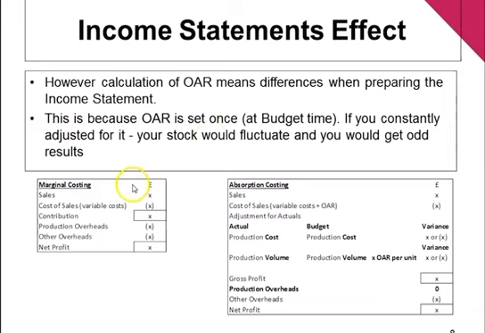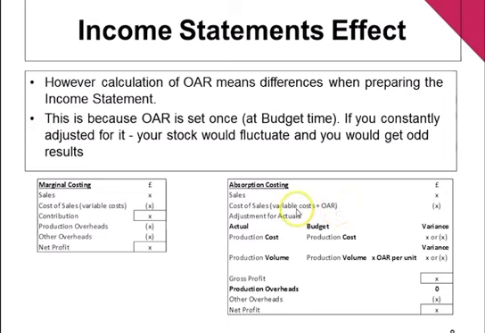If you look at a marginal costing income statement, it's incredibly straightforward. It's simply sales, less cost of sales, which gives you contribution, and then less your fixed costs, which hopefully gives you a profit. On the other side, what we've got in bold is where we need to pay attention. We have sales and cost of sales.